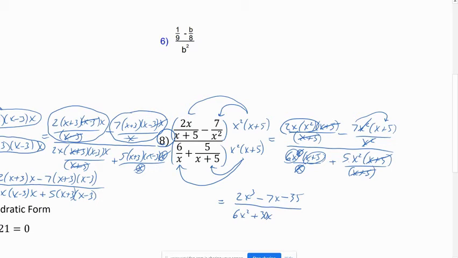And then here we have plus 5x squared. And so that simplifies to 11x squared plus 30x.